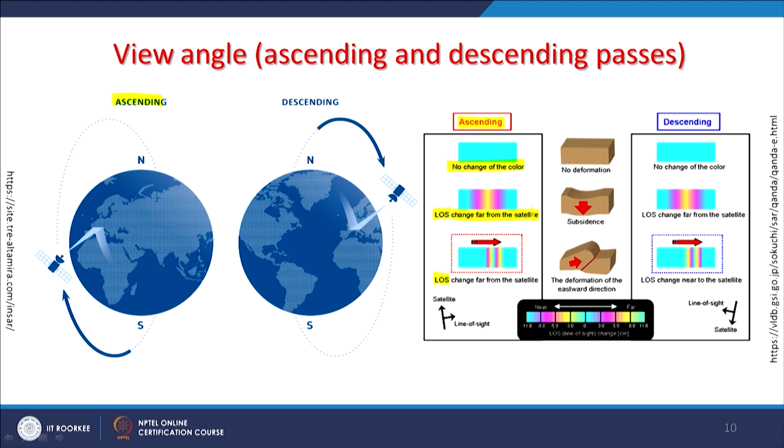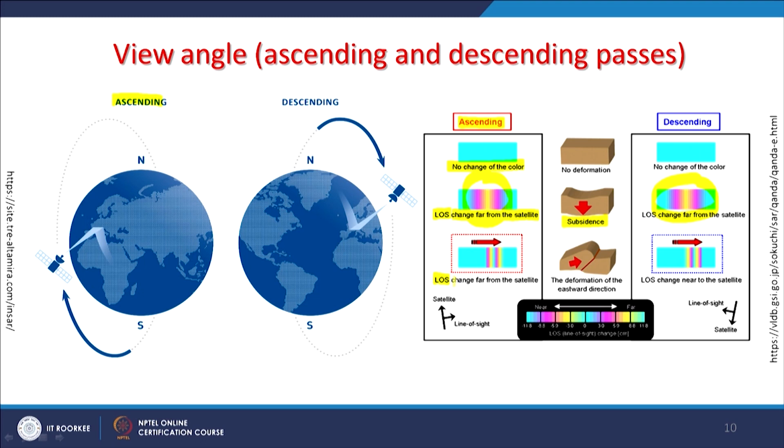Line of sight change means the ground has either gone down or up. For example, here the subsidence will bring this kind of change in the ascending overpasses, whereas in the case of descending, the same subsidence may bring changes something like this. So, there is hardly any difference.